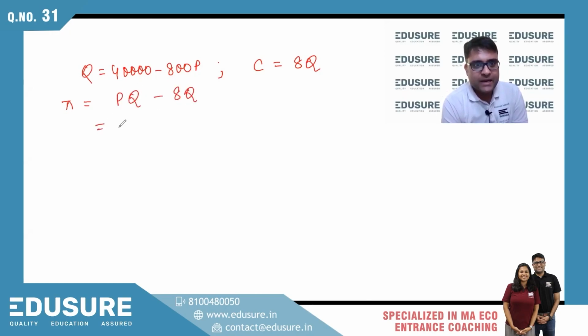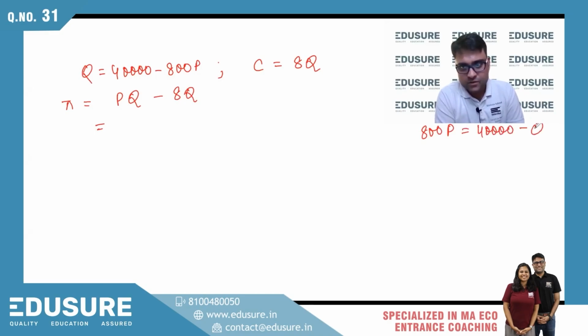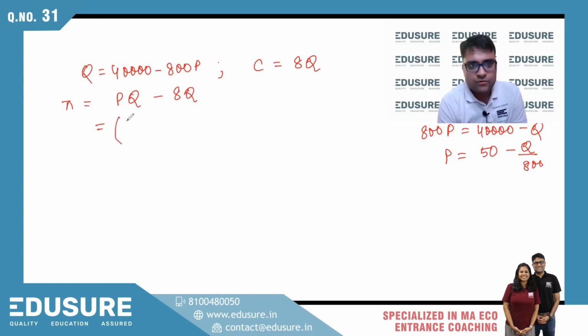अब ये P क्या है? P is basically 800p is equal to 40,000 minus Q. P is equal to 40,000 by 800 minus Q by 800, so 50 minus Q by 800, into Q minus 8Q.